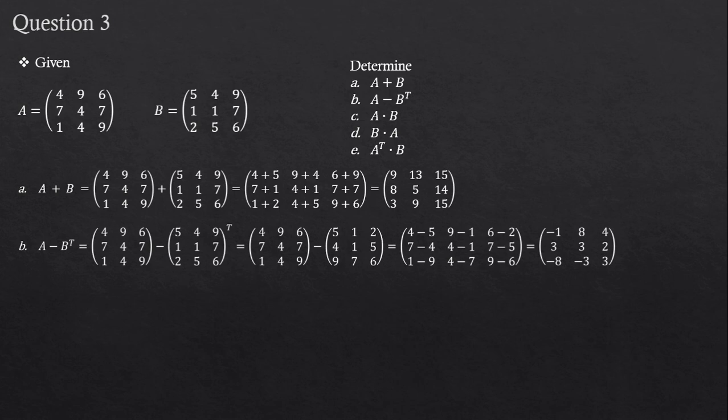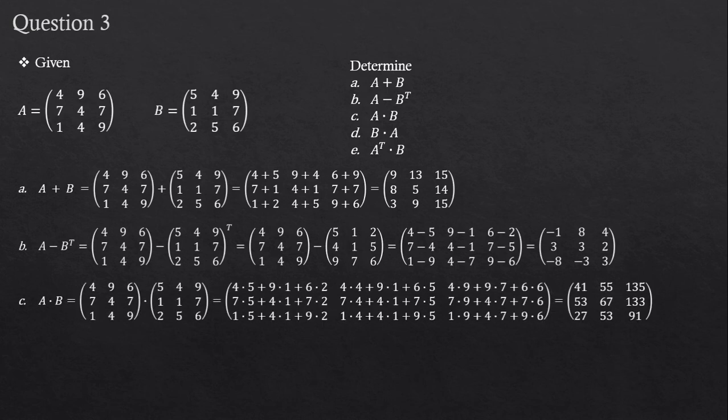Then repeat the step with row 2 into column 2, and so on. Then we subtract both matrices and get -1, 8, 4, 3, 3, 2, -8, -3, 3.